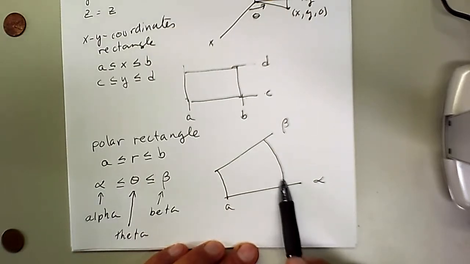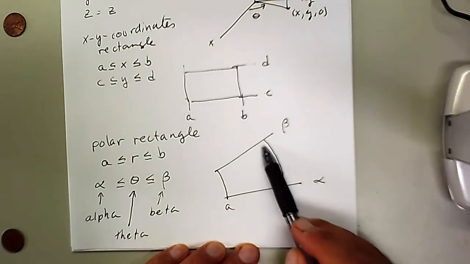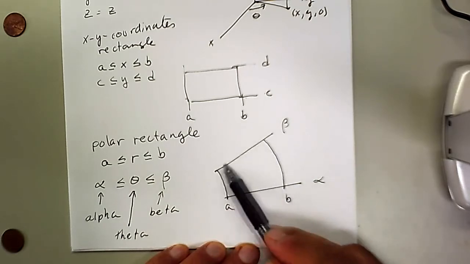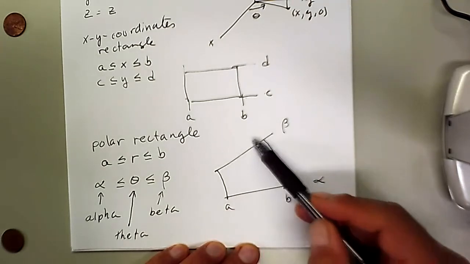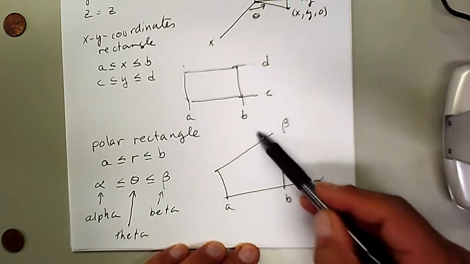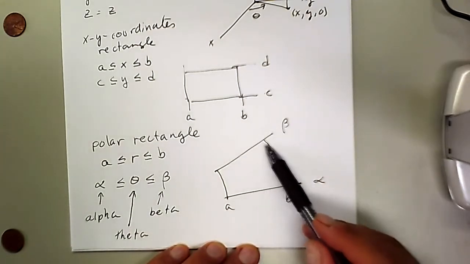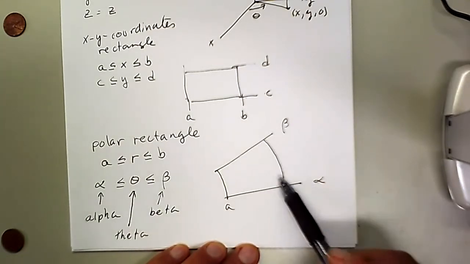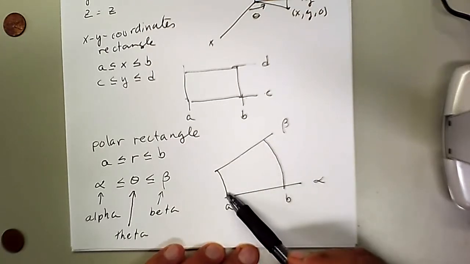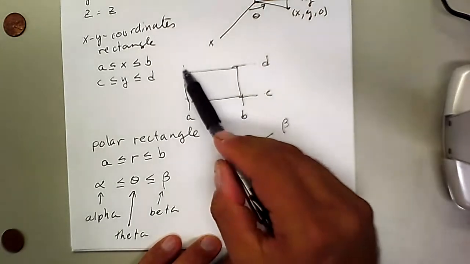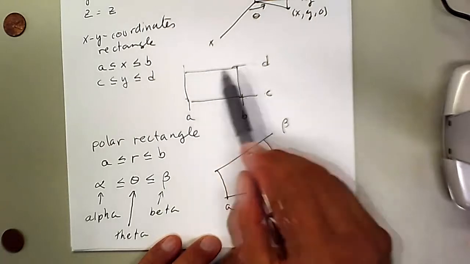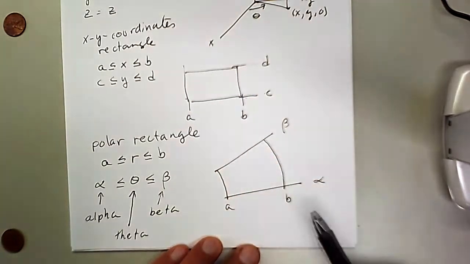And so it is a rectangle in the sense that those are right angles. But the side of this rectangle curves, and this is longer than this in distance. In a regular rectangle, those are not. One is not longer than the other. They're exactly the same distance.